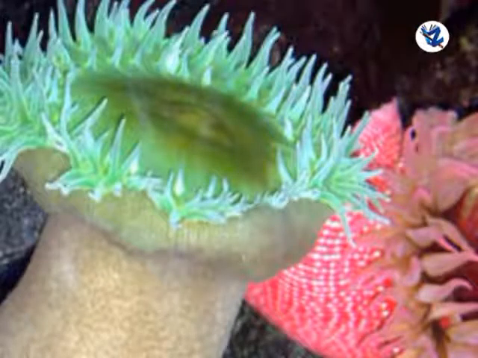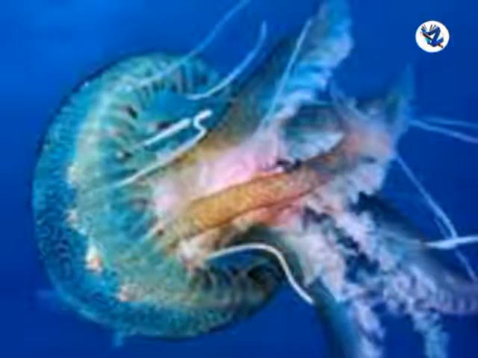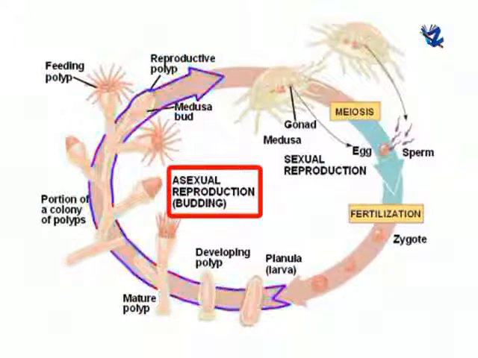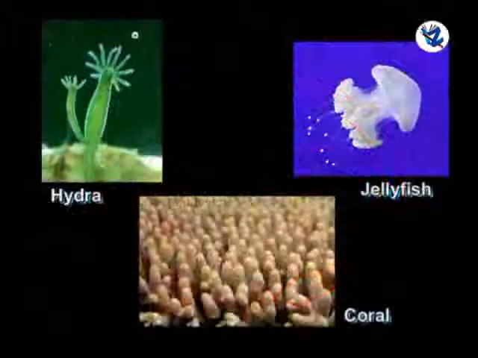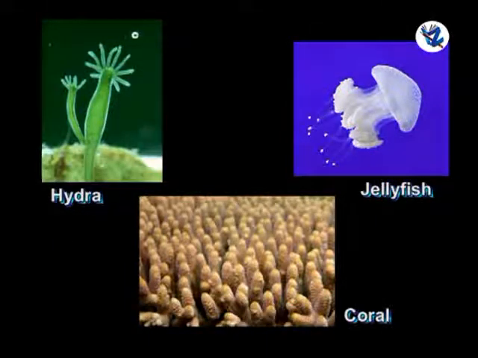Tentacles around mouth are contractile, finger-like, help in locomotion and for capturing prey. Asexual reproduction by lateral budding, sexual reproduction by the formation of gametes. Example: hydra, jellyfish, corals.